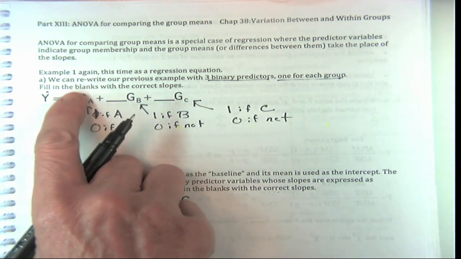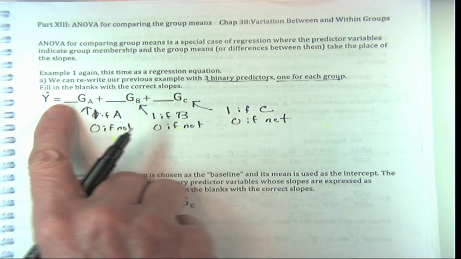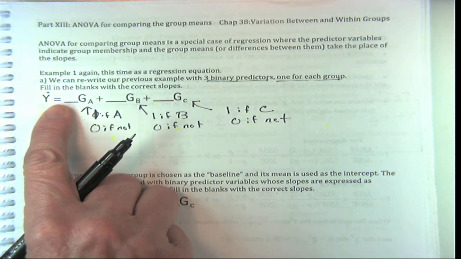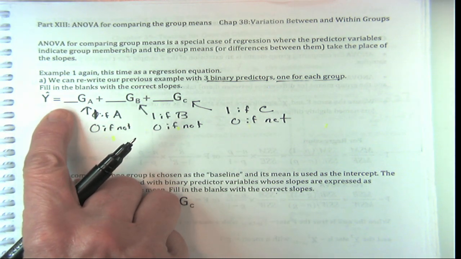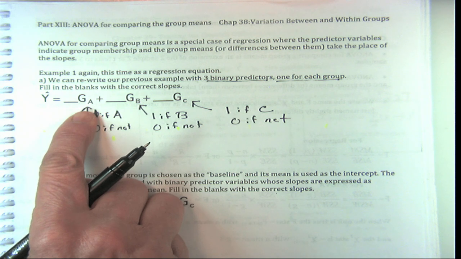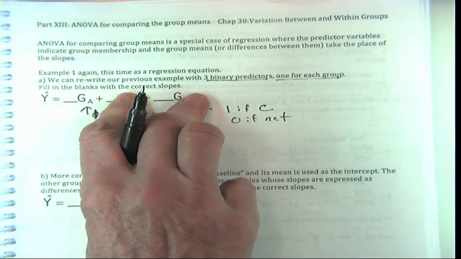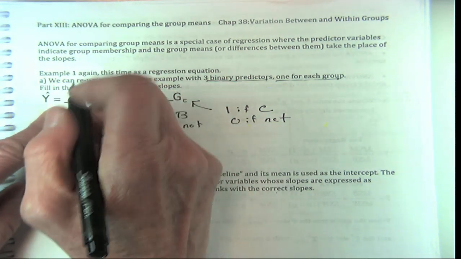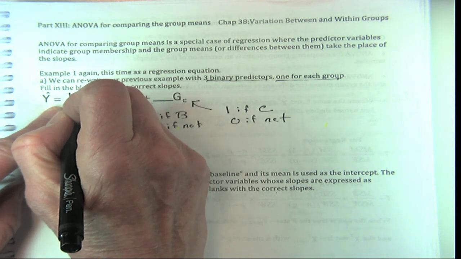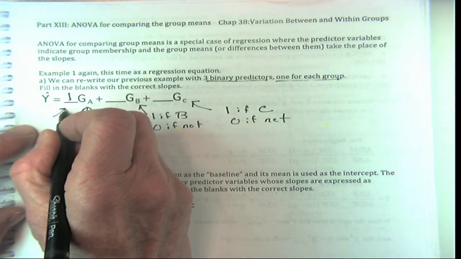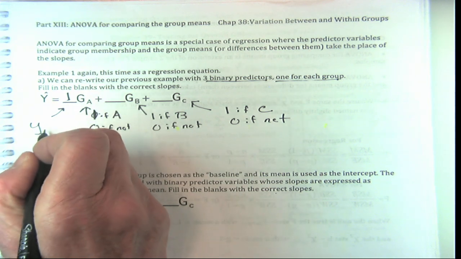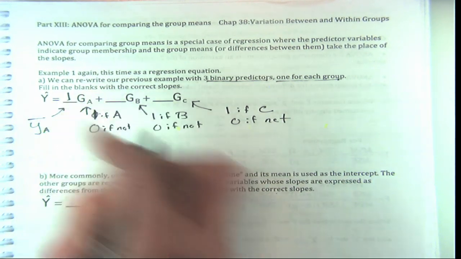And so we could write this as a predictive model where we'd put what? If you're in group A, then these two are going to be 0, and our prediction for you is going to be the mean of group A. So this is always going to be the group A mean.